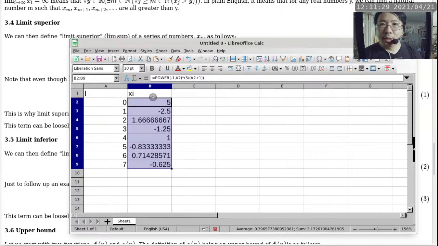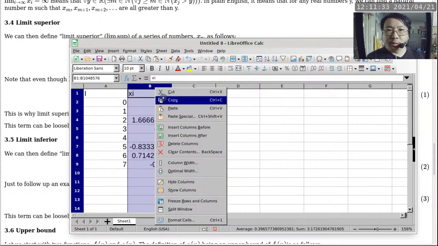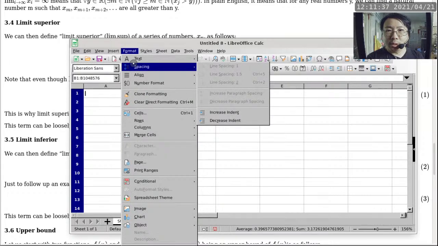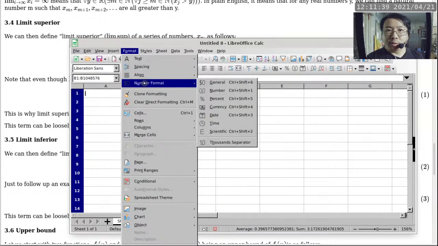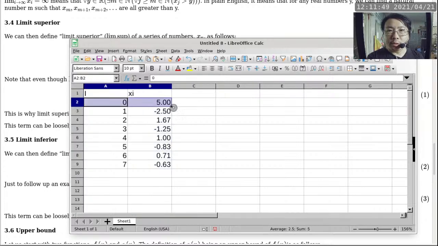Alright, and we don't need the precision that is being used here, so we'll go ahead and limit the number format to have 2 places after the decimal point. Let's go ahead and make this a little bit larger.